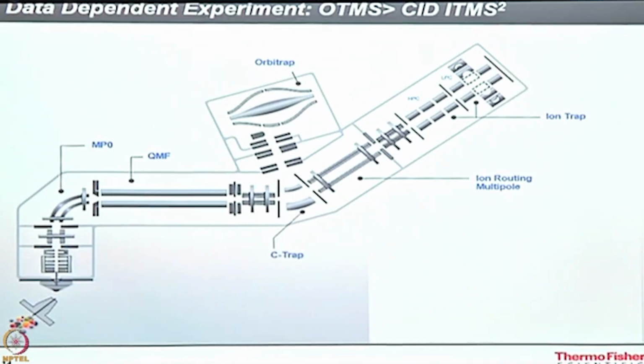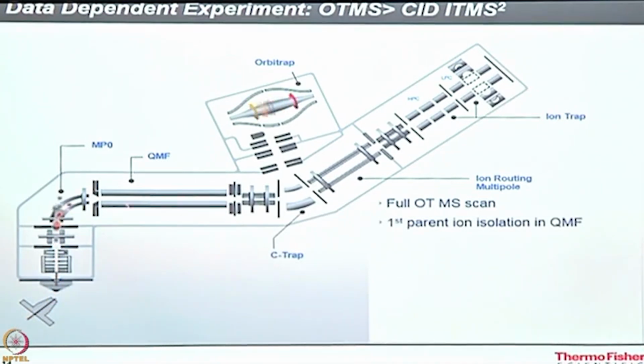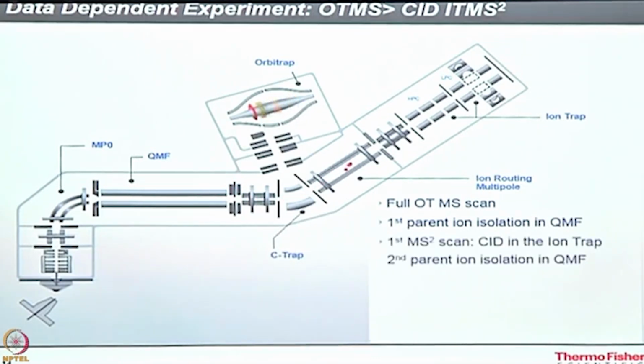So the first full MS goes; the first mass stops here, then comes to the Orbitrap. While the full MS is going on, we are working in parallel. The first parent ion is selected here and stopped there first. Then it goes for fragmentation in the HCD cell. While it is fragmenting, the second ion is waiting here.